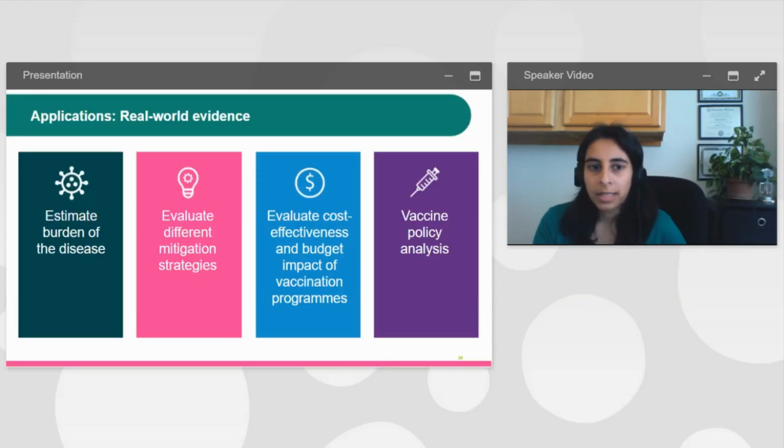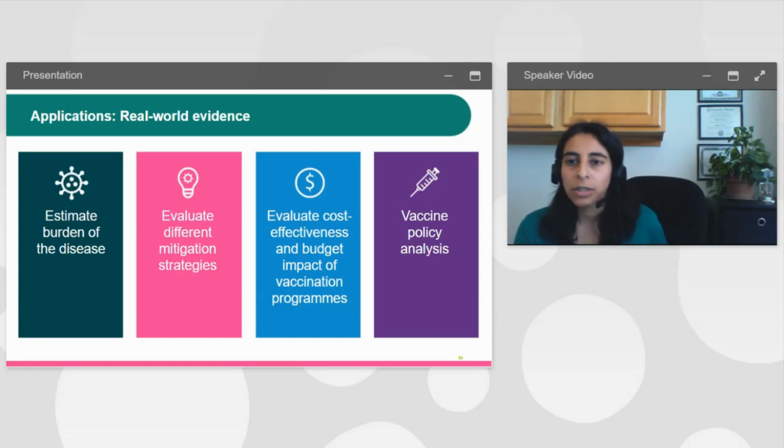So these are some examples of applications which span across epidemiologic studies of estimating change in burden of infection due to an intervention, or evaluating and comparing different intervention strategies. As we saw with the case study, we can also evaluate cost effectiveness and budget impact of vaccination programs. And with that, more widely, vaccine policy analysis as well.